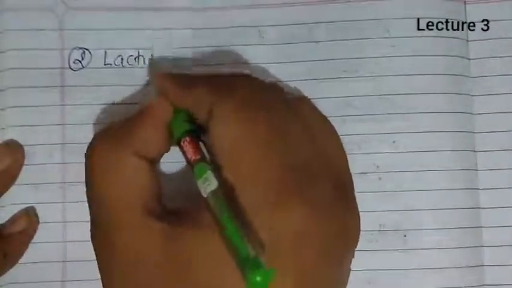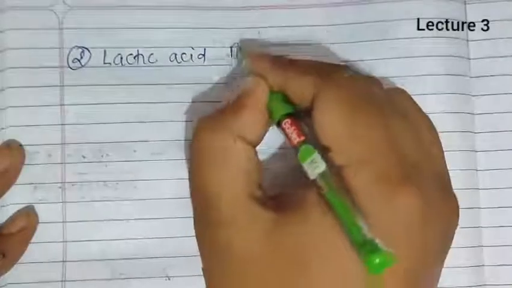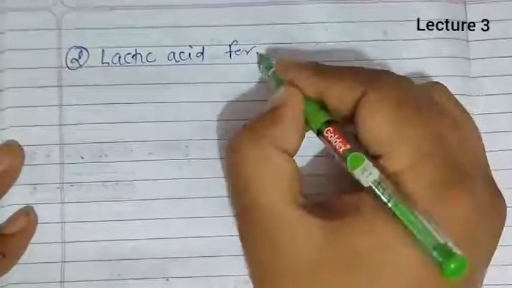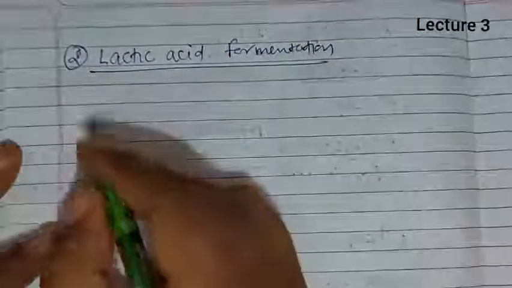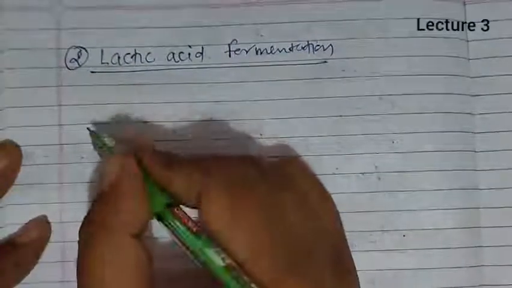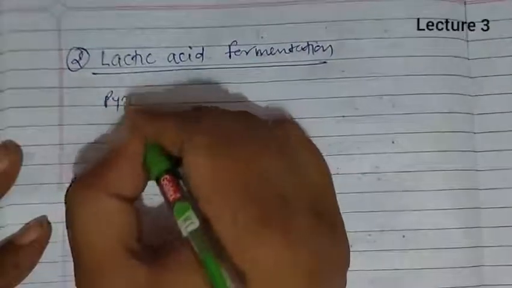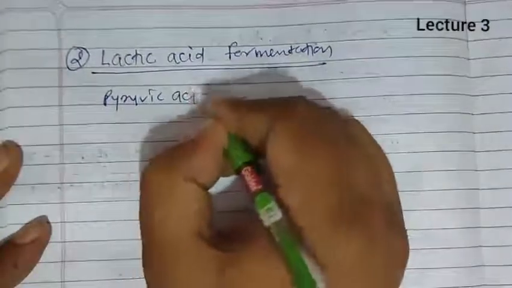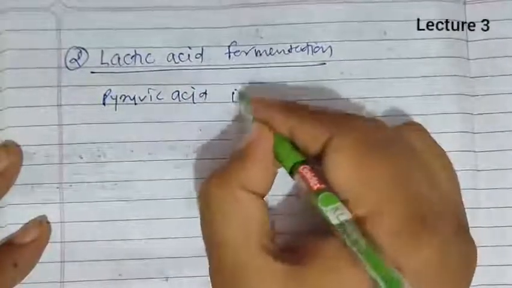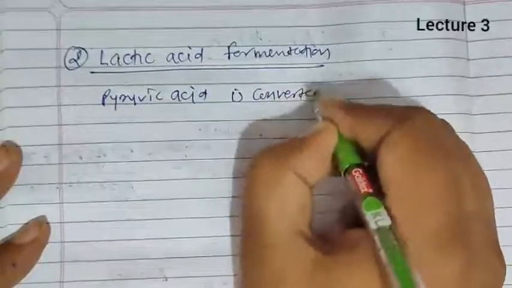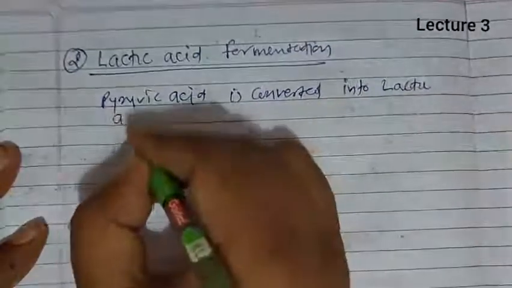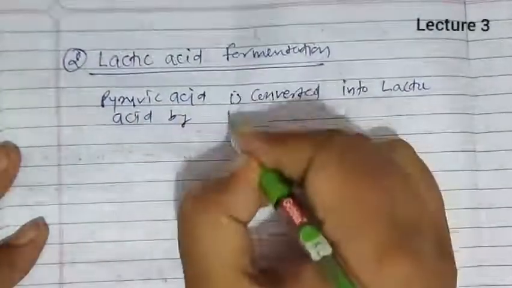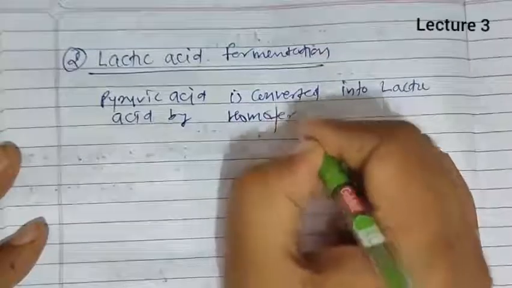The second type of fermentation is lactic acid fermentation. In lactic acid fermentation, the pyruvic acid formed at the end of glycolysis is converted into lactic acid by homofermentative bacteria.